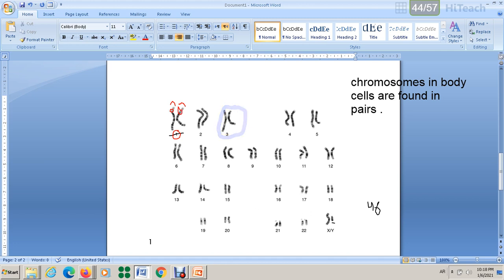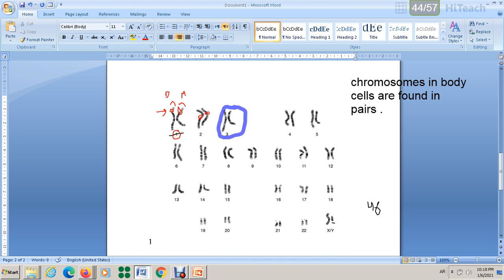One you took from your dad, and the other you took from your mom. If I study this gene and this gene, they are encoding the same thing. For example, they are responsible for the eye color. Or this gene from your mom and this one from your dad, both of them are talking, for example, about your skin color.